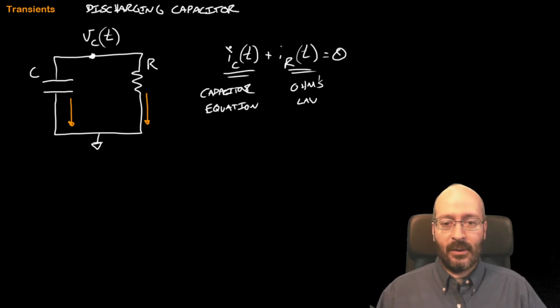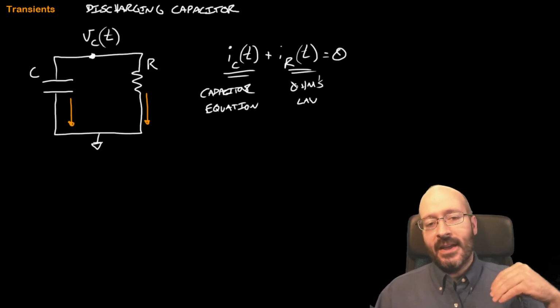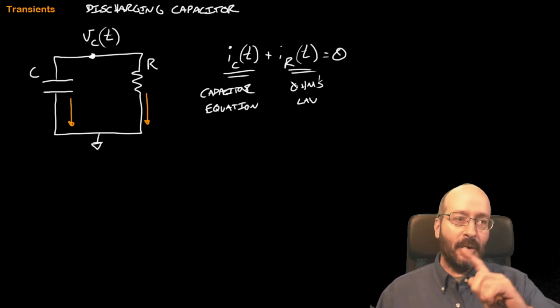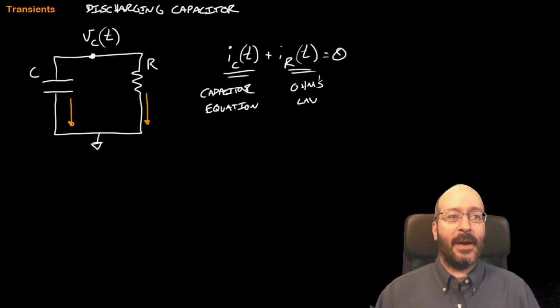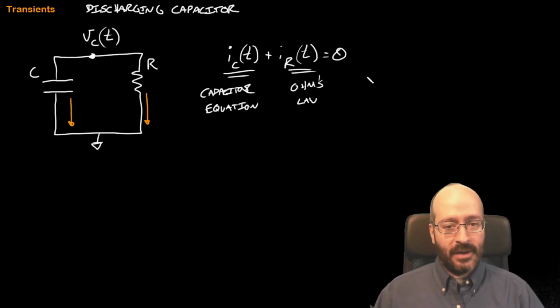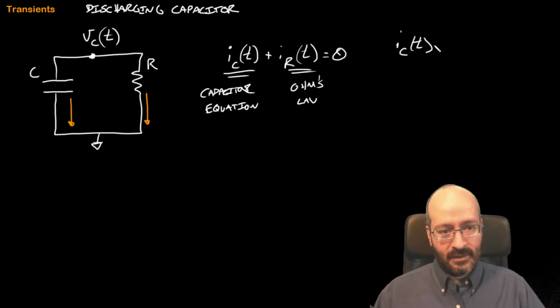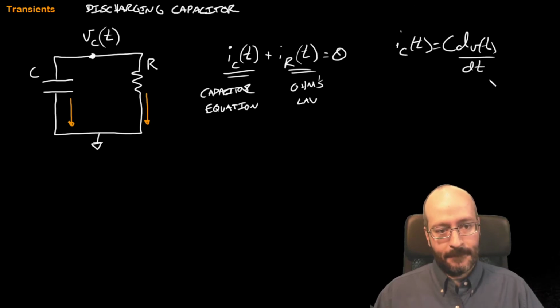Okay, and that's going to allow us to rewrite this equation in terms of the unknown node voltage. And that's all we were doing with nodal analysis. We just have to use the capacitor equation in one case here. So we have IC of t is equal to C dV of t over dt.